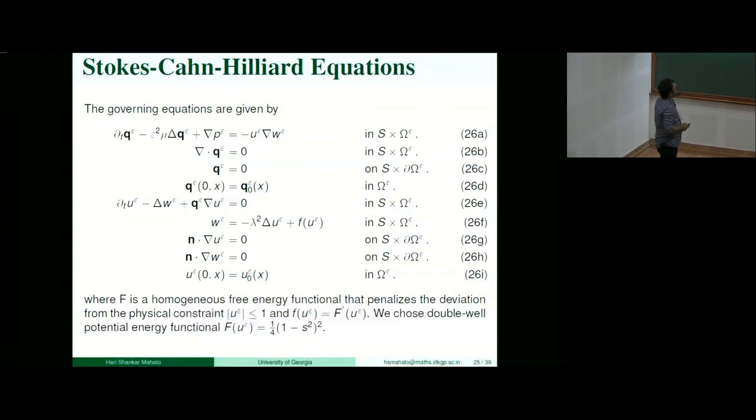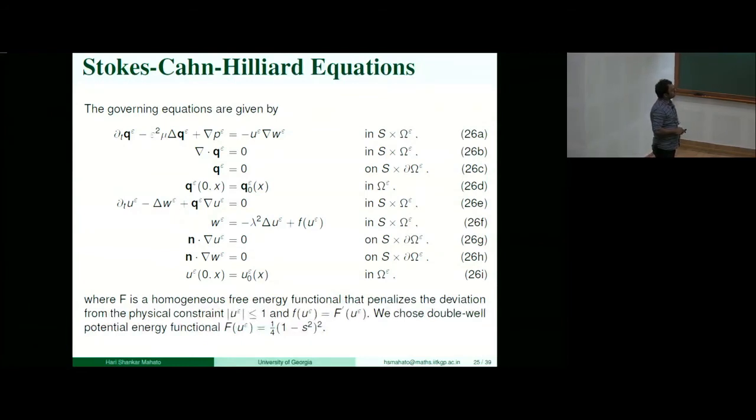This is basically the Stokes equation, that's the surface tension term, and this is your Cahn-Hilliard part. Our small f's are defined as the derivative of capital F's, which are called the double well potential energy functionals, given in this way. If you are interested more in the modeling, I would suggest looking into my paper.